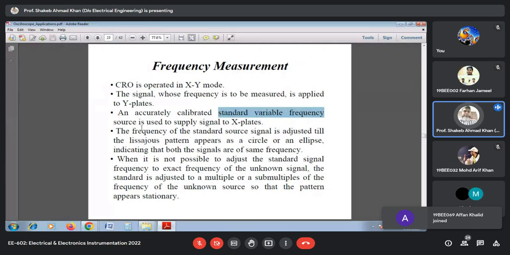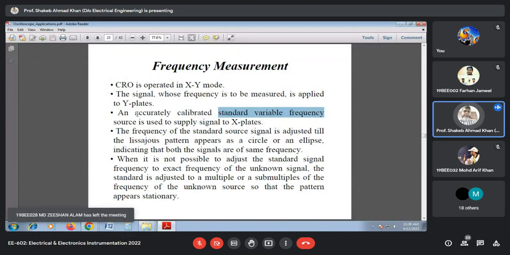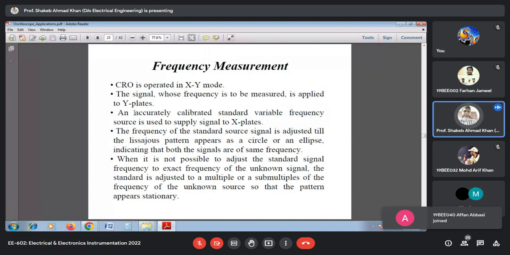As for the X plates, the horizontal plate, we are applying the signal through a known variable frequency source. Accurately calibrated means known, and it is variable also. So whatever signal you are providing to the X plates is always known.